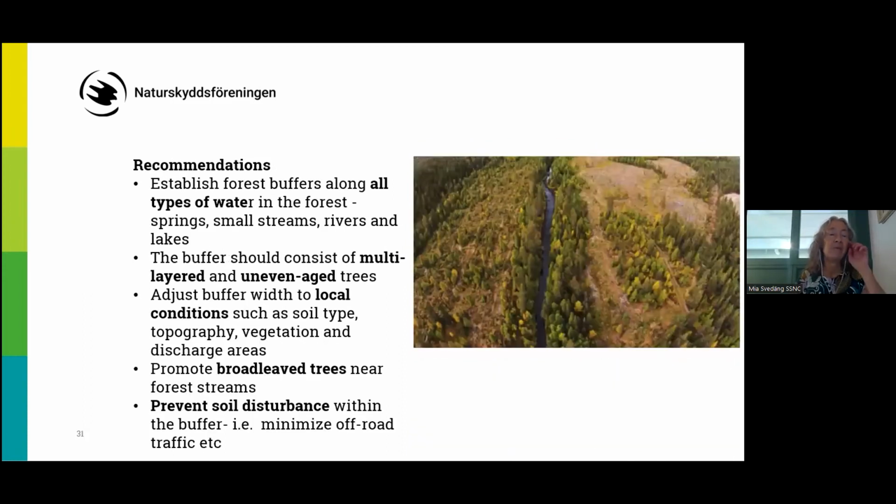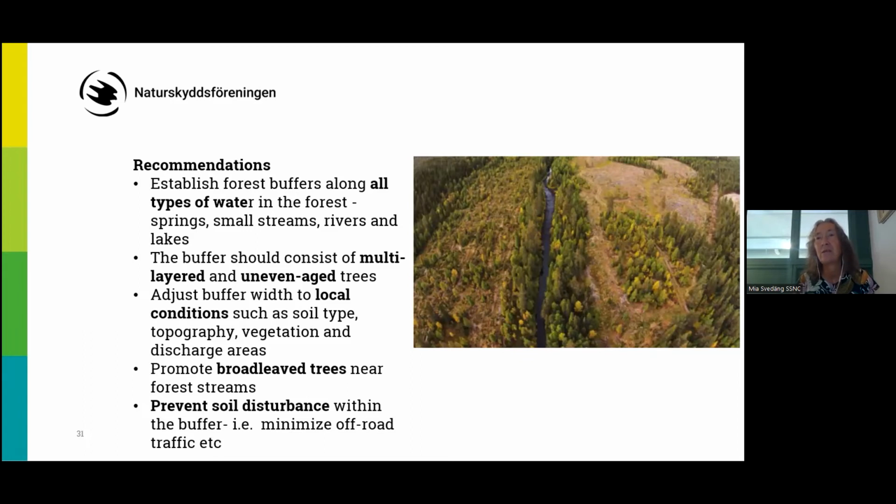And some recommendations in forestry is to establish forest buffers along all types of water in the forest. Springs, small streams, along rivers and along lakes. And to function well, these buffers should consist of multi-layered and uneven aged trees.